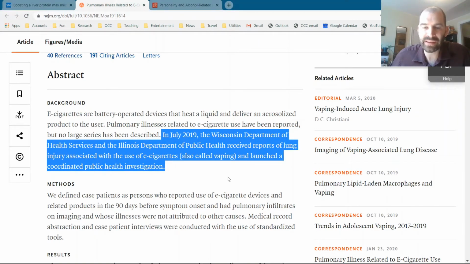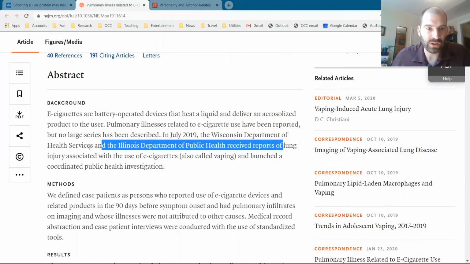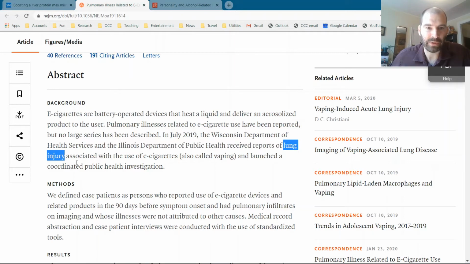So that is the response. Lung injury is the response variable, and that's associated with the use of e-cigarettes. So this is what is being suggested might be causing it. The use of e-cigarettes might be causing lung injury.